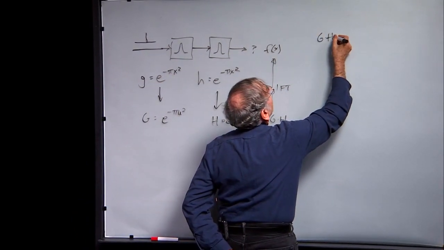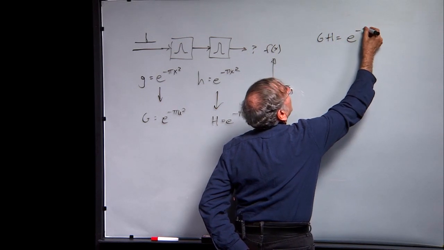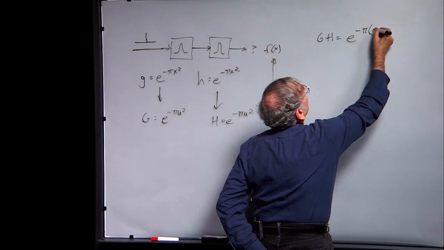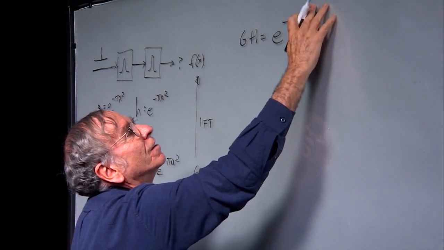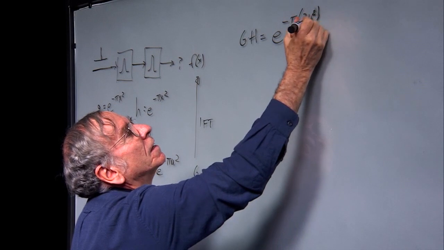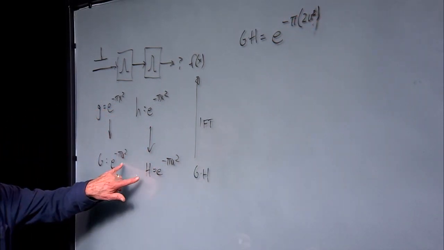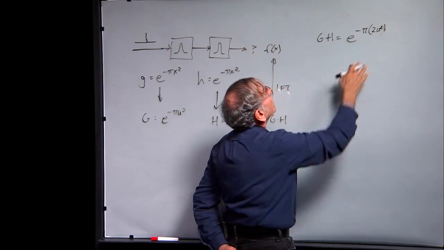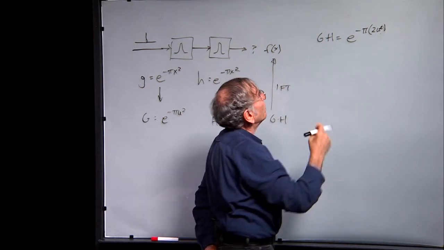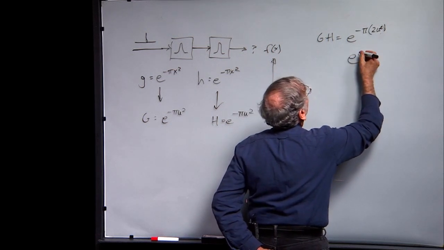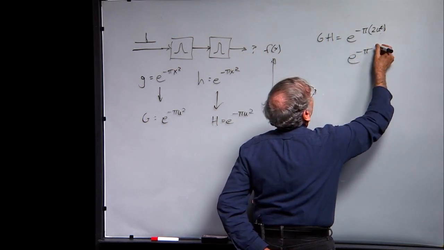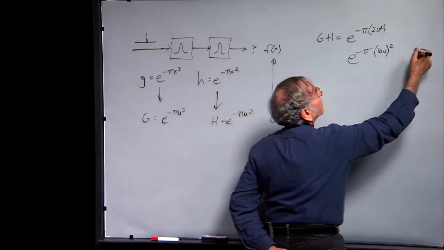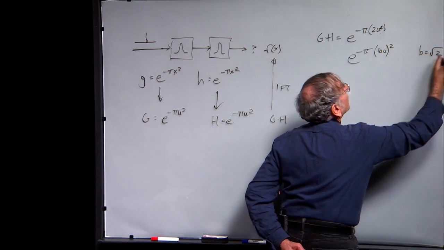Okay, so G times H is just going to be e to the minus pi u squared, e to the minus pi, let's just say 2u squared, because we're multiplying two of these exponentials together. And this is not in a form that we recognize. A better form to write it would be to say that this is e to the minus pi, we'll call this bu quantity squared, where b is the square root of 2.